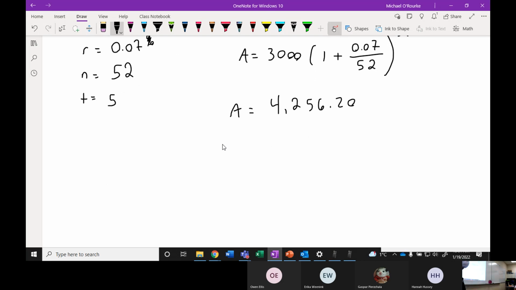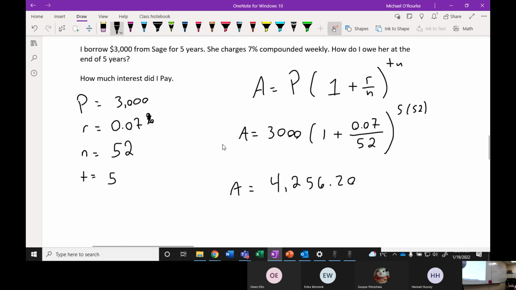Okay. How much interest did I end up paying Sage in her sketchy bank account? We got 4,000. No, how much interest did she get? Oh, 1,000. How much interest did I pay? So I take the amount I paid and minus off what I borrowed.